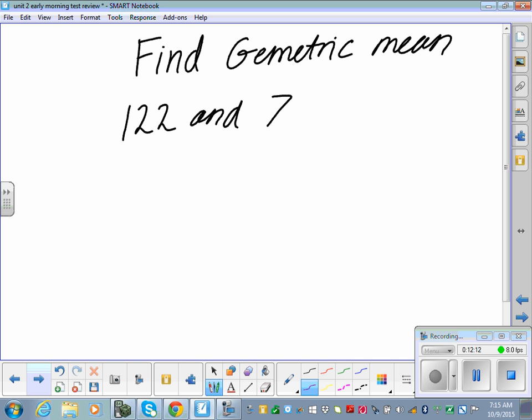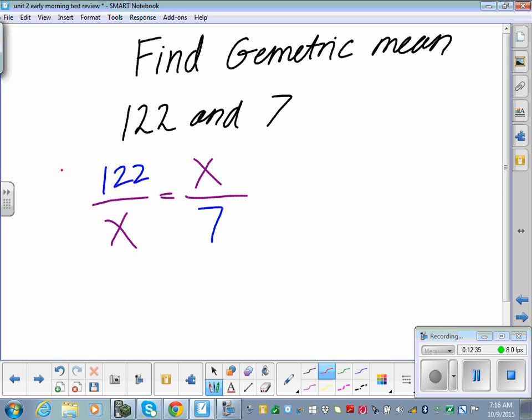We would set it up like this. Blank over x is equal to x over blank, right? And then we would fill in our numbers. So it doesn't matter. We can put 122 up here or down here, 7 up here or down here. So I'm just going 122 over 7. Then we would cross multiply. So multiply both sides by 7, but it divides out over here.